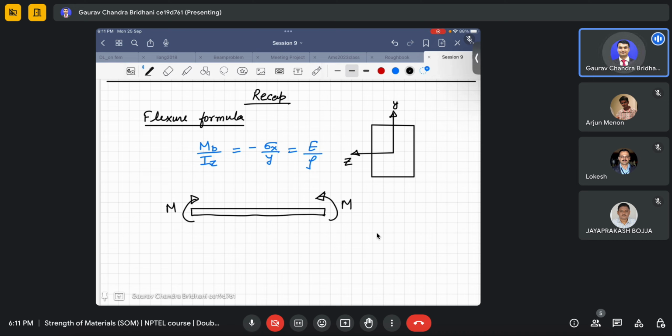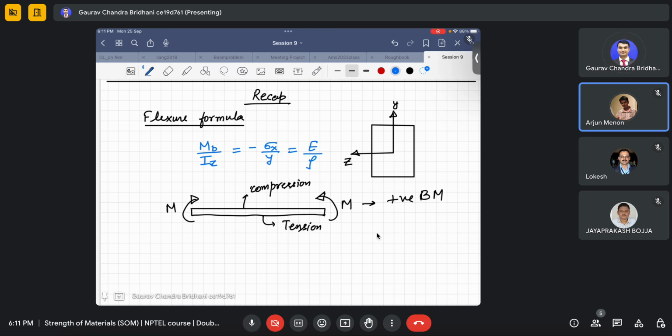So this is a positive bending moment, and we know that this surface will be in compression and this surface will be in tension. To accommodate this factor, because our bending moment will be positive, to give a negative sigma in the positive direction of y, this minus is there. I hope you understood. This point is clear here.